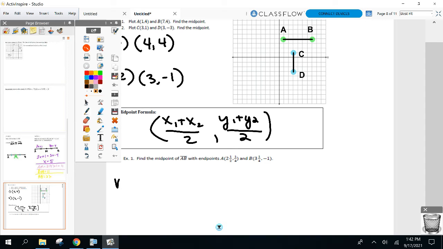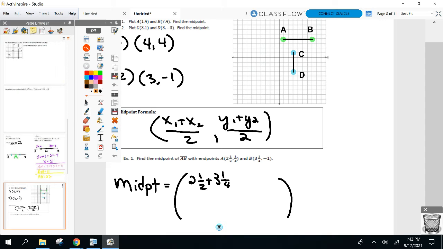All right, so here we go. Midpoint equal to my x coordinates added together, 2.5 plus 3 1/4. Now look, I will also advise you, if you don't like the fractions, I could turn them to decimals. So instead, you could have 2.5 plus 3.25.